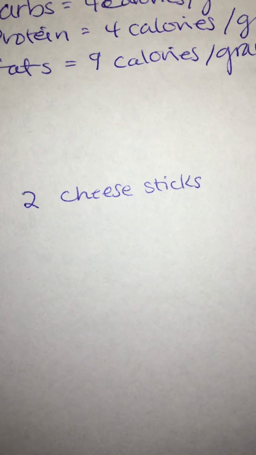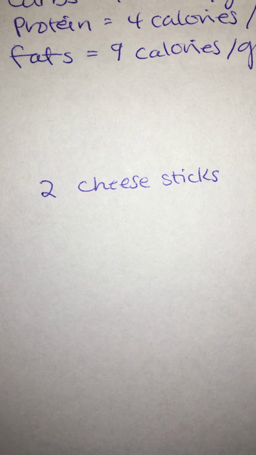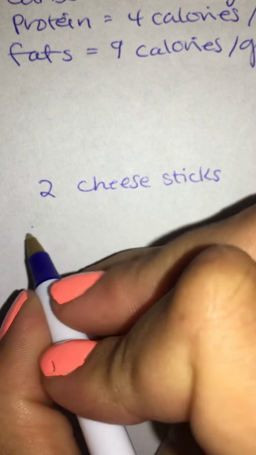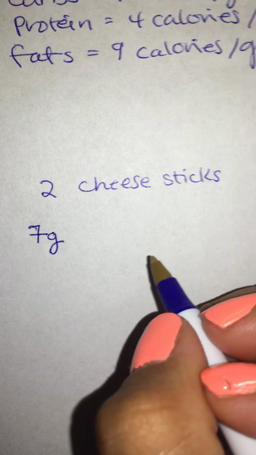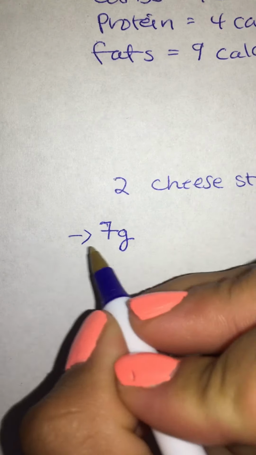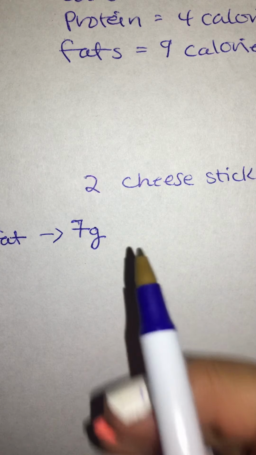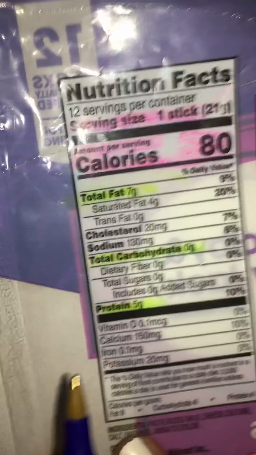If you want to skip it, go ahead, but just remember you have to calculate it by how many servings you have. So for 1 cheese stick, we get 7 grams of fat, 7 grams for 1 serving.